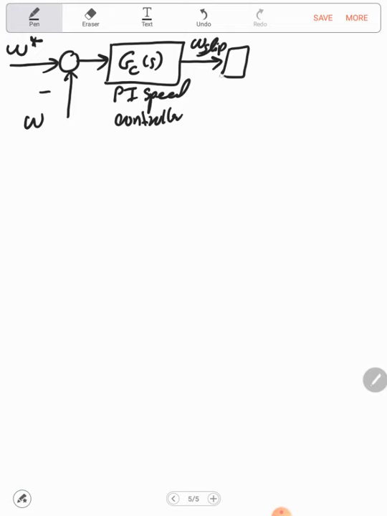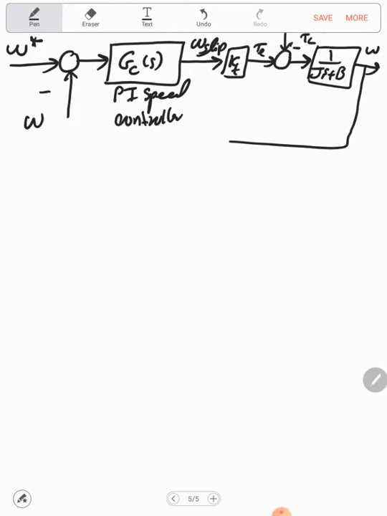If we multiply this by Kt, we get Te. If we subtract TL, then multiply by 1 over (Js plus B), we get omega, and this closes the loop. So this is a closed loop. Of course, it's a simple representation of a linearized version of the V over F closed loop control.